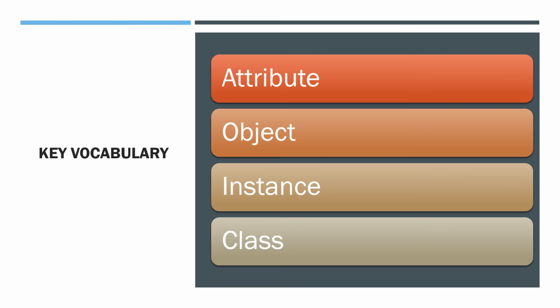So I've used some vocabulary here, and it's important that you remember the meanings of these words. Have a look at those right now and see if they ring a bell. What we're talking about when we're making OOP programs is that data values are stored as attributes of objects.